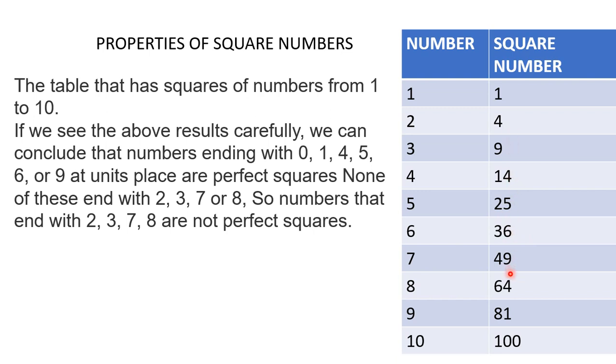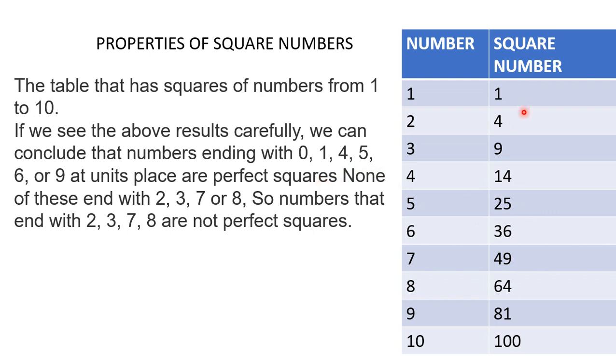So how can we identify a perfect square number? When the unit place of a number contains 0, 1, 4, 5, 6 or 9, then we can say the number is a perfect square number.